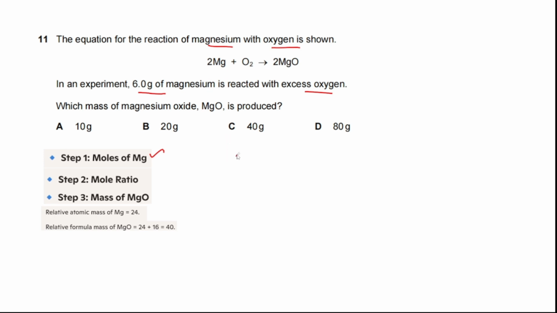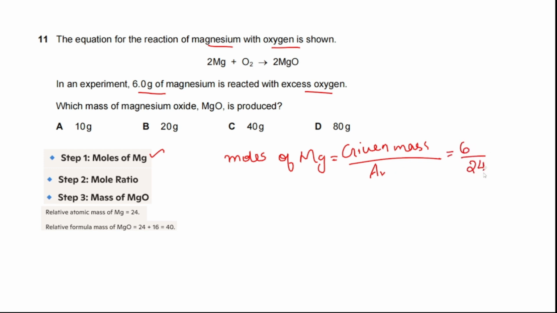So here, 6 grams of magnesium. You can find the moles of magnesium. The formula is the given mass divided by the relative atomic mass. So here it is 6 grams divided by 24.